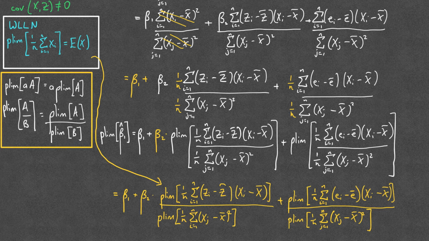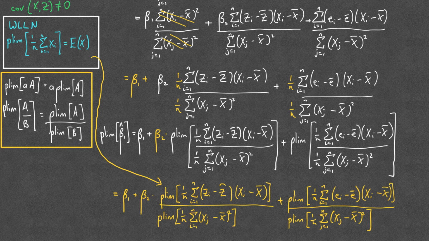So we've replaced the z bar with an e of z, we've replaced the x bar with an e of x, we've replaced the 1 over n times the summation with an expectation, and this is all just due to the weak law of large numbers, divided through by the expectation of (x minus e of x) squared, plus the expectation of doing exactly the same in this case, (e minus the expectation of e) times (x minus the expectation of x), divided through by the expectation of (x minus e of x) squared.